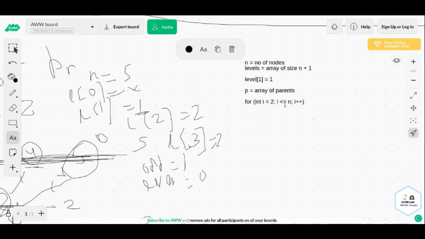So here we are checking the level. So our array will be p0, p1, p2 like this array, and p0 will be the parent of node 2, p1 will be parent of node 3, and p2 will be parent of node 4.